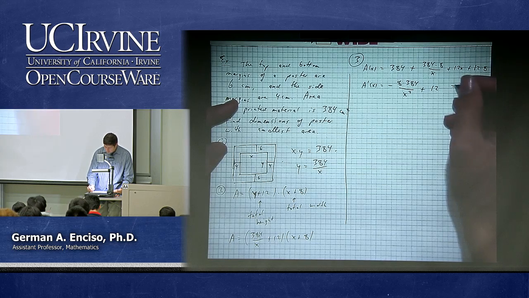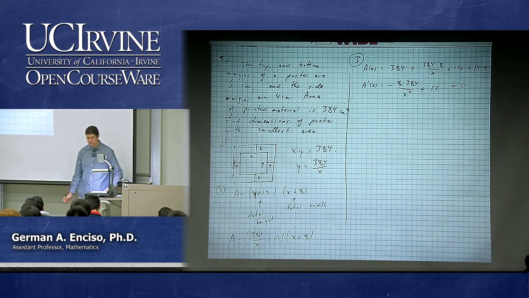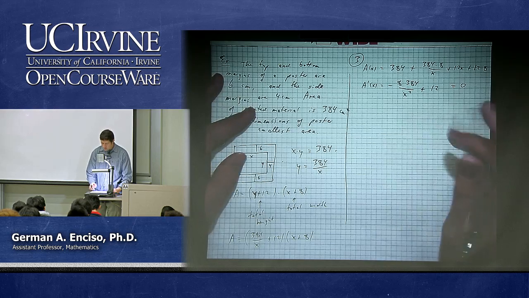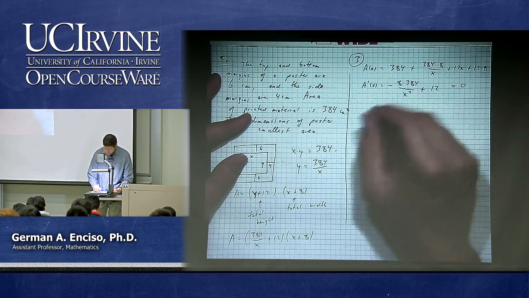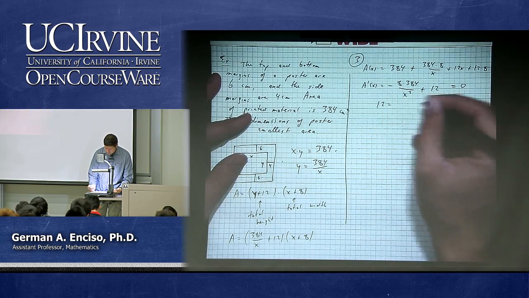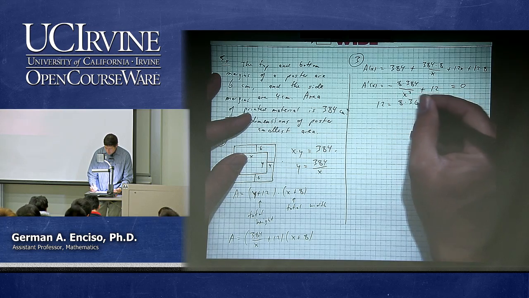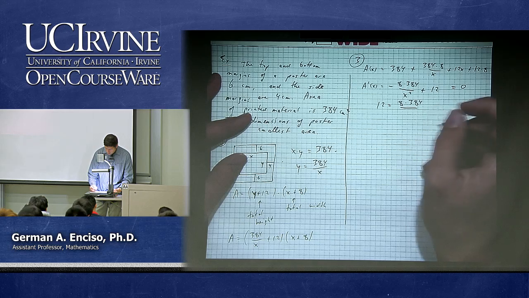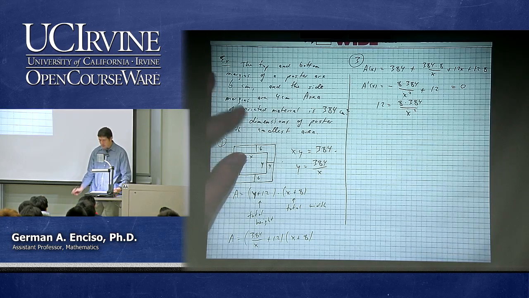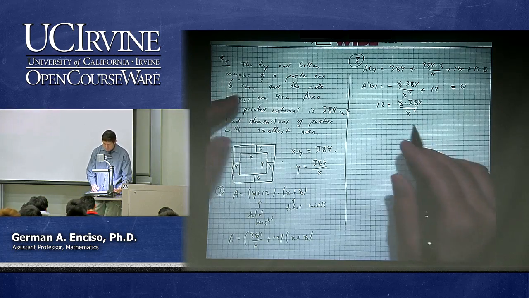And when I set it equal to 0, I can add on both sides, and I get 12 is equal to 8 times 384 over x squared.